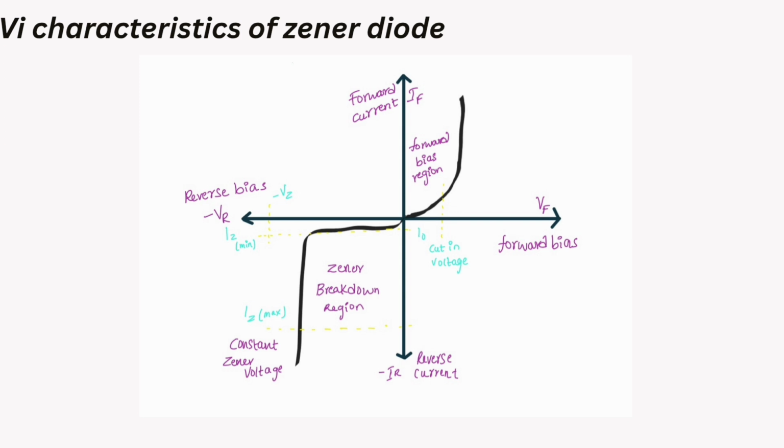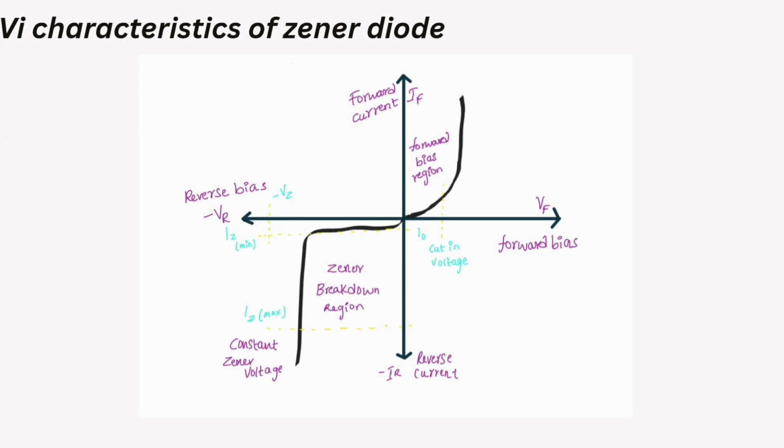Coming to reverse bias, it maintains a constant voltage when it reaches the zener voltage and starts conducting. This is the reason the zener diode is also called a voltage regulator. A voltage regulator means even though changes occur in the input, it maintains a constant output. So this is the mind map for the zener diode.